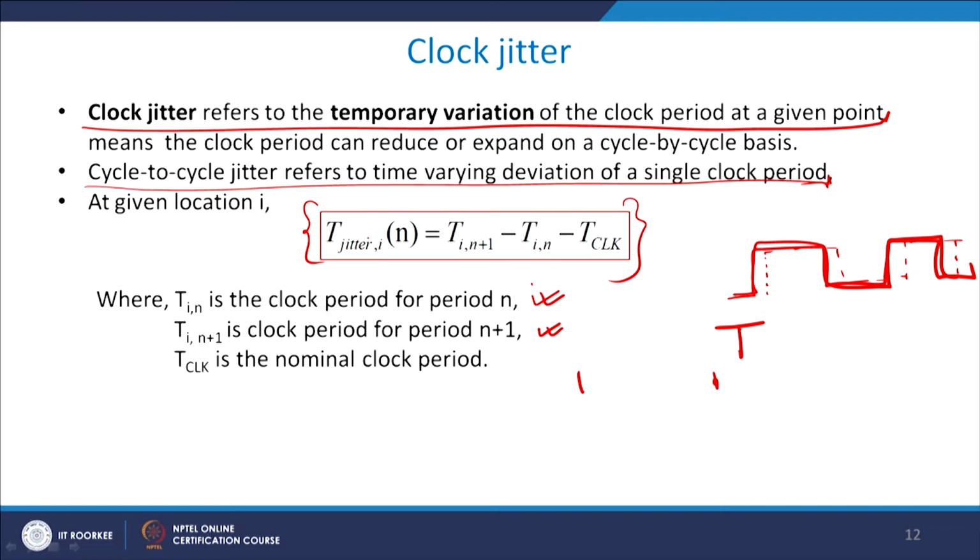We define T jitter to be this difference, minus the clock, because the clock is common to both. If you subtract that, the difference will come out between the various values of skew and jitter. We will take up the next part of the clocking strategy in the next module. Thank you very much.